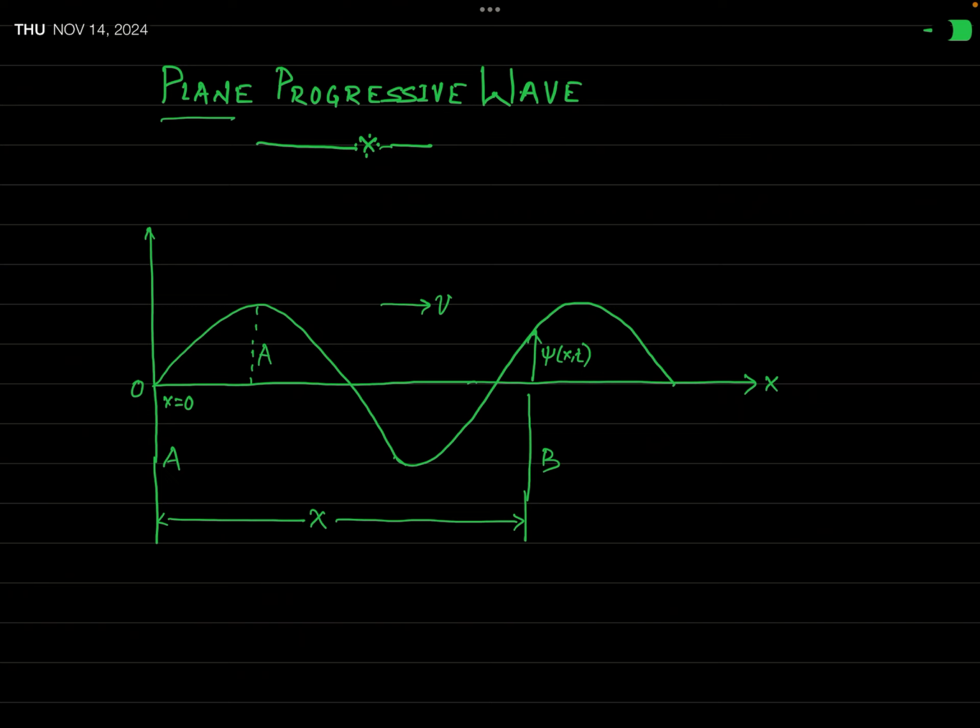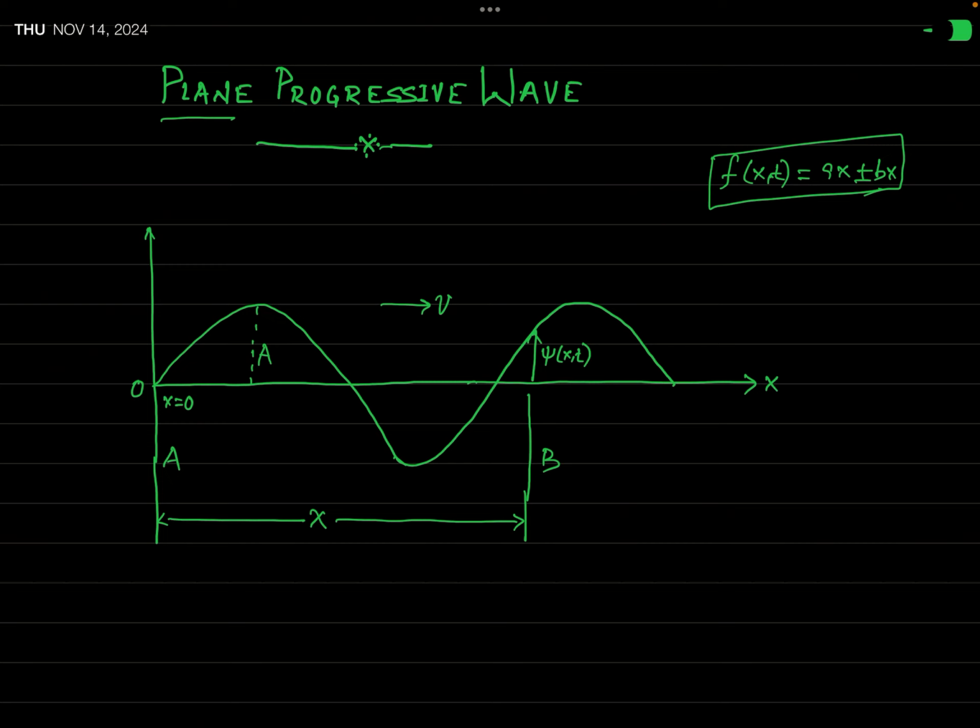In fact, any function of x and t which is in the form of ax plus or minus bt represents a progressive wave.